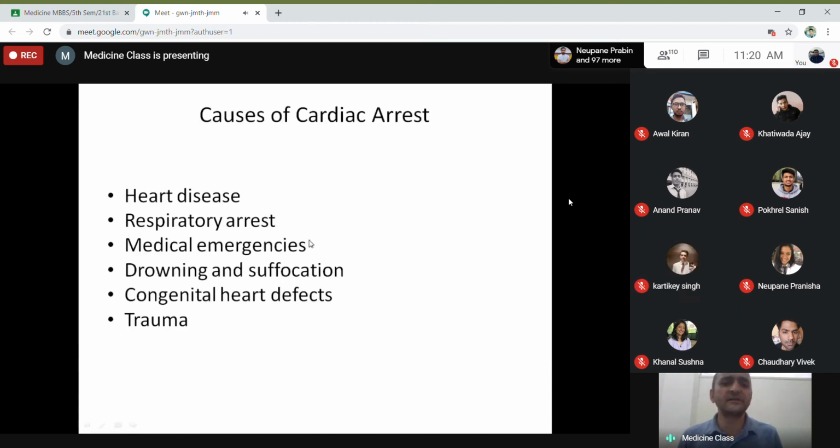Causes include heart disease, respiratory arrest, medical emergencies, drowning or suffocation. Usually in the winter season, we see so many patients with cardiac arrest or unresponsiveness in Kathmandu, whenever they are living in one room with a small bathroom. Can you imagine?